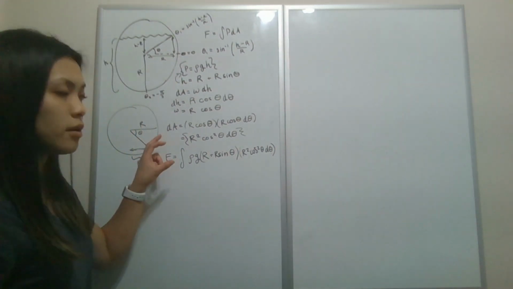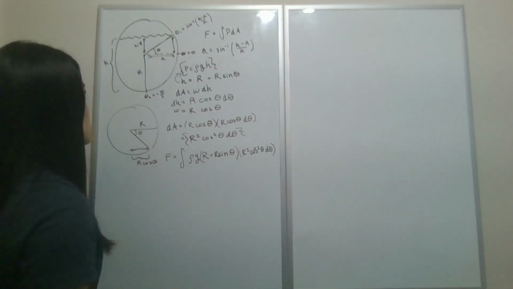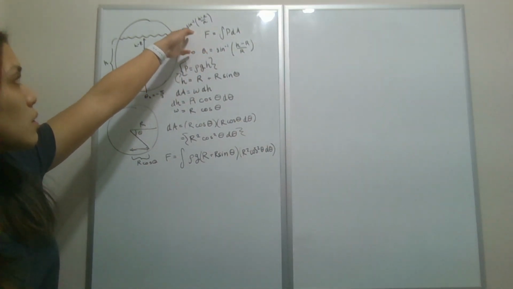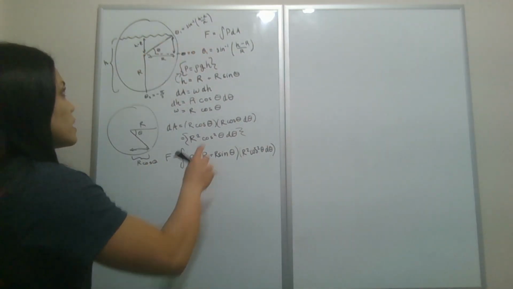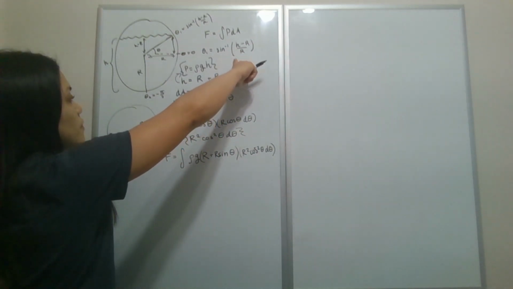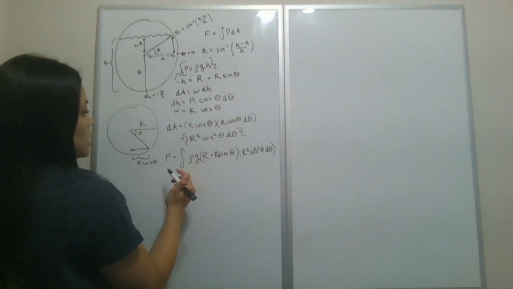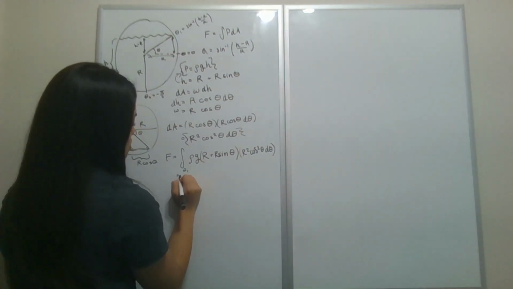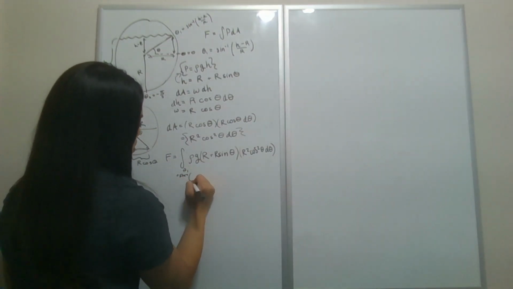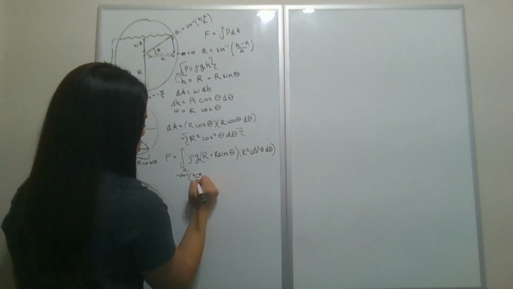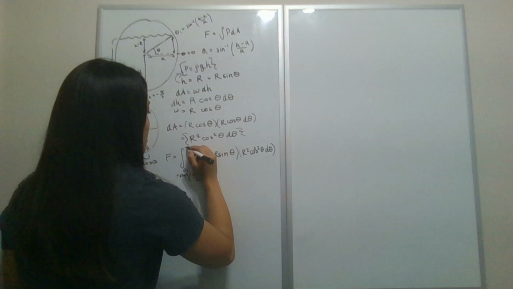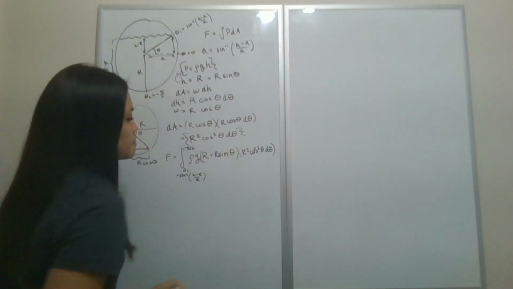And our limits for this integration are going to be from our first theta 1 here. So as we defined earlier, that's going to be arc sine of the fluid height minus the radius over the radius. So we'll just put theta 1, which is equal to arc sine fluid height minus radius over the radius, up till negative pi over 2.